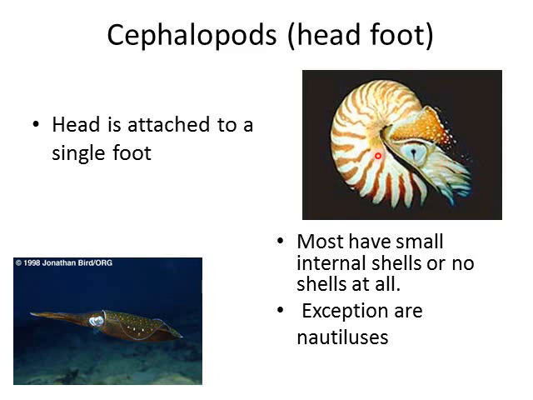What's hard to see is that the animal is actually only living in this part of the shell, and the rest of the shell is pretty much empty, but it's filled with air. It's filled with gases that help it to float and make it more buoyant. But for the most part, the cephalopods have lost their shell through millions of years of evolution, so they can move much faster.